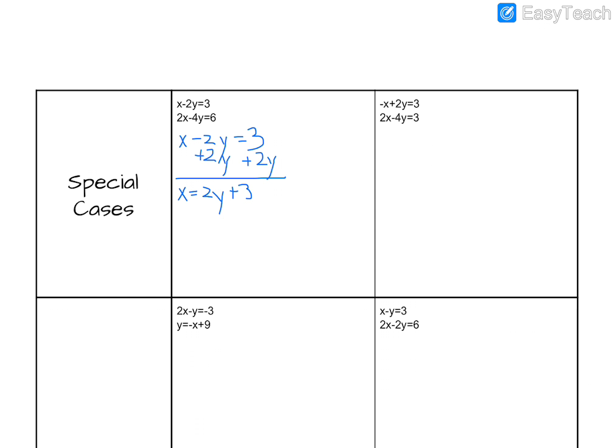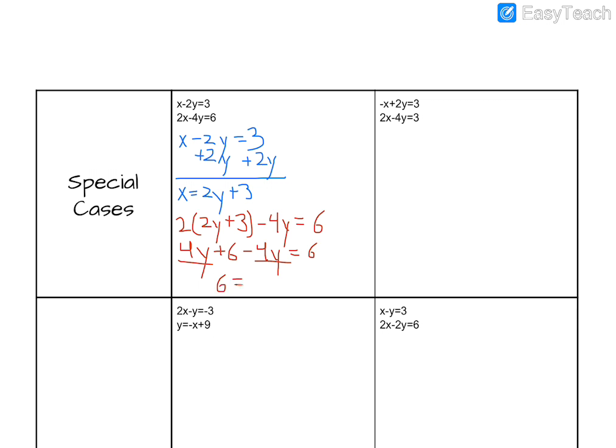Plugging that into our other equation. So we get 4y plus 3, or plus 6 when we distribute, minus 4y is equal to 6. We combine our like terms. Those are going to disappear.